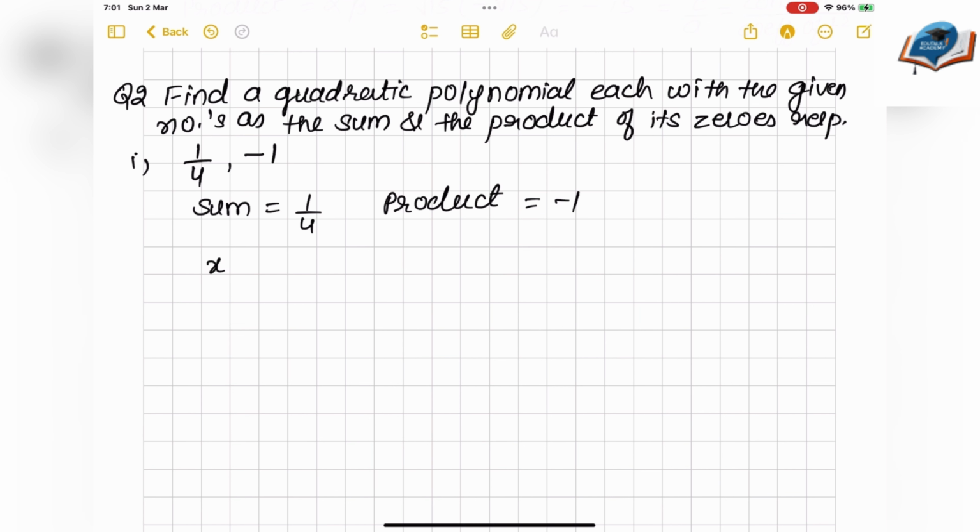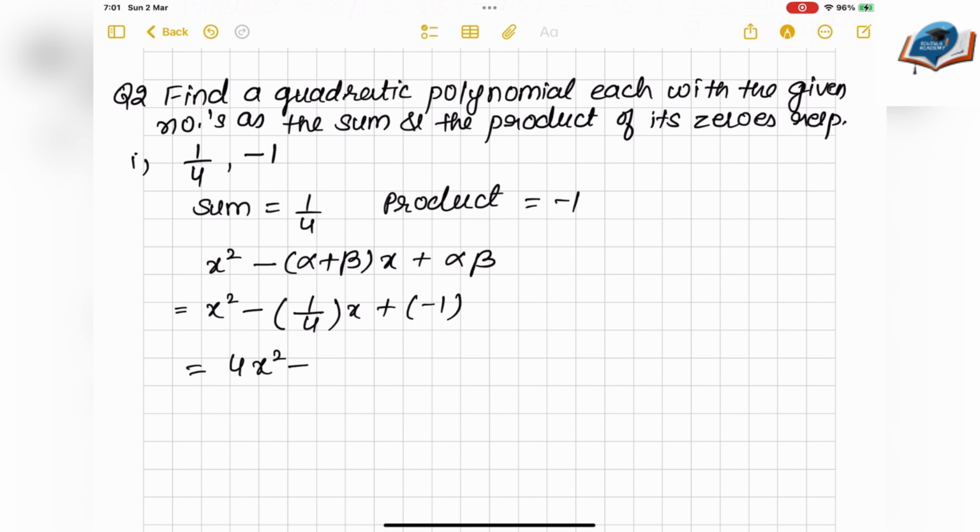So I can say equation will be x square minus alpha plus beta x plus alpha beta. So this will be x square minus alpha plus beta is 1 upon 4x plus minus 1. So this will be, if I multiply everything with 4, so 4x square minus x minus 1. Then second one is root 2 comma 1 by 3.